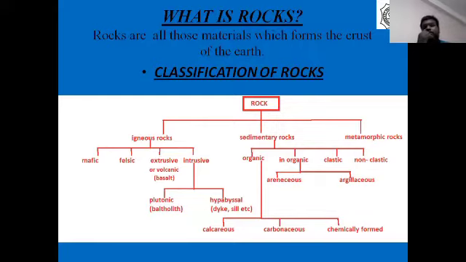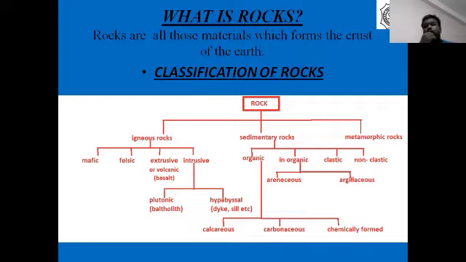Now come to sedimentary rocks. Sedimentary rock is classified into organic sedimentary rock, inorganic sedimentary rock, clastic sedimentary rock, and non-clastic sedimentary rock. Organic rock is further classified into calcareous, carbonaceous, and chemically formed.